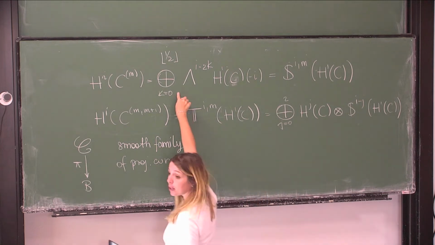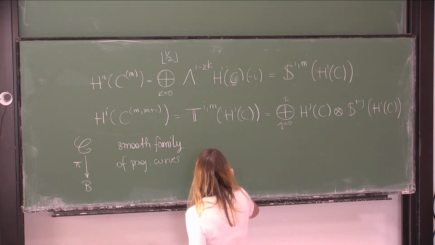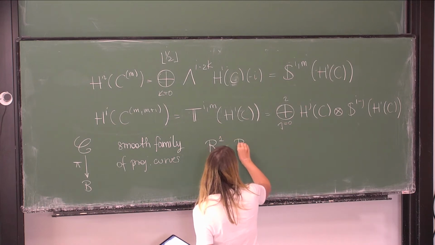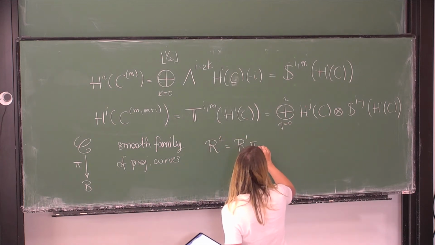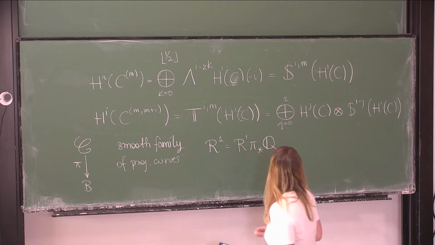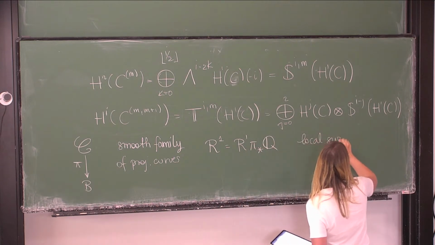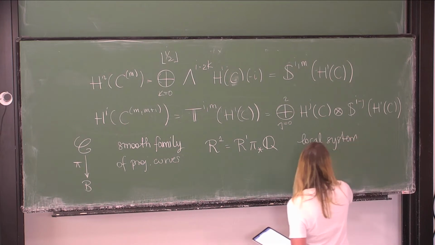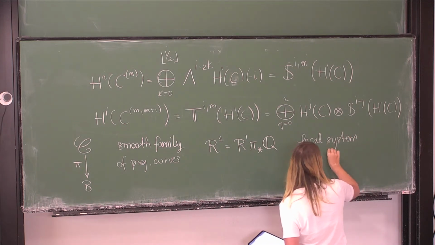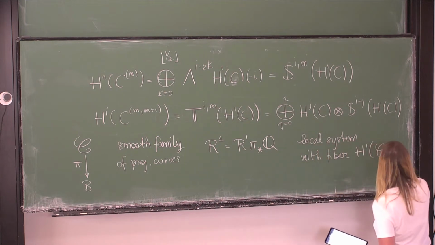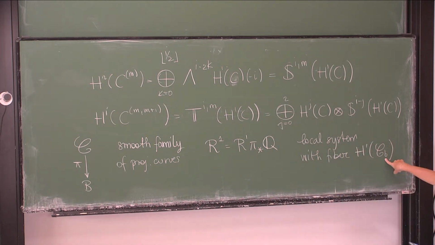Indeed, this picture will hold if we replace H1 with R1, which will be R1 π_* Q, which is a local system with fiber H1 of C_b, where with C_b I mean the generic fiber over a point b.